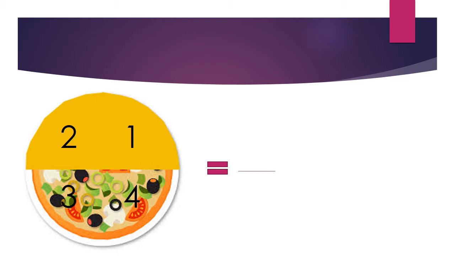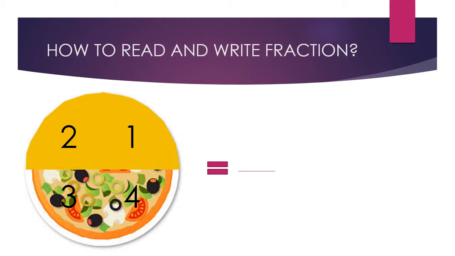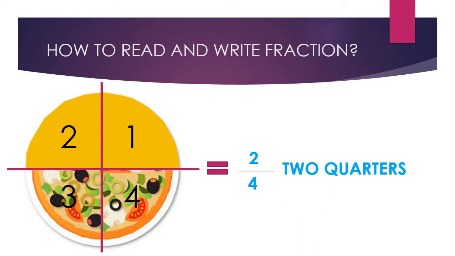If I have another pizza, cut it into 4 pieces and I ate 2 pieces of the 4, so I eat part, which is 2, of the total number, which is 4. So it's 2 over 4. This is called 2 quarters.